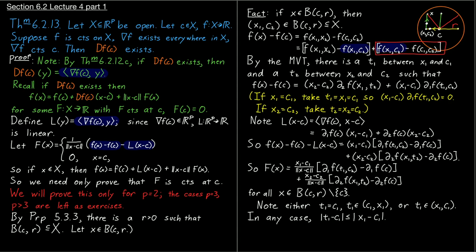In the mean value theorem cases, it's strictly less than, but in the t1 equals c1 equals x1 case, they're both 0, so it has to be less than or equal to. Put that together, you can show that the distance from (t1, c2) to c is less than or equal to the distance from x to c. And the same for our other special point.